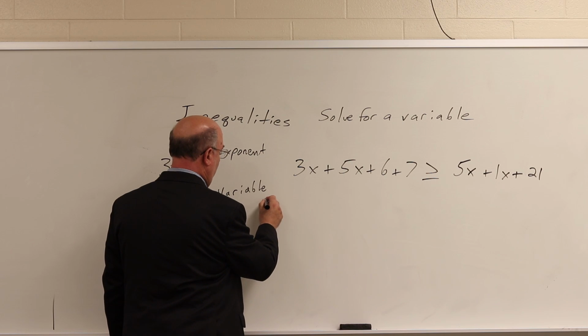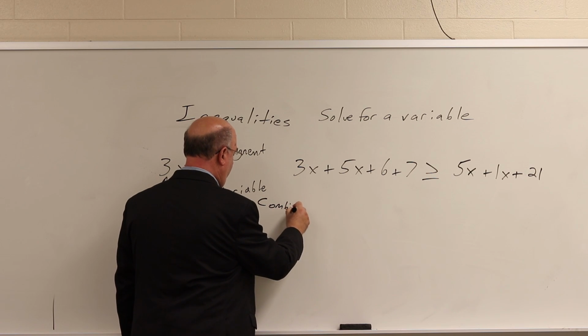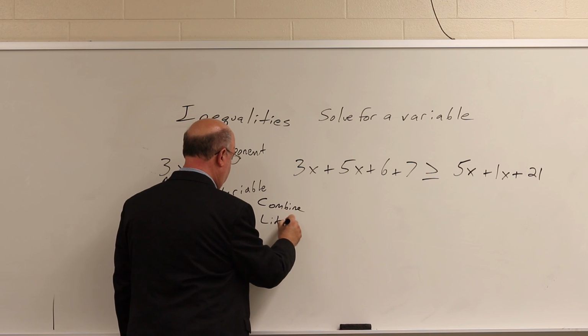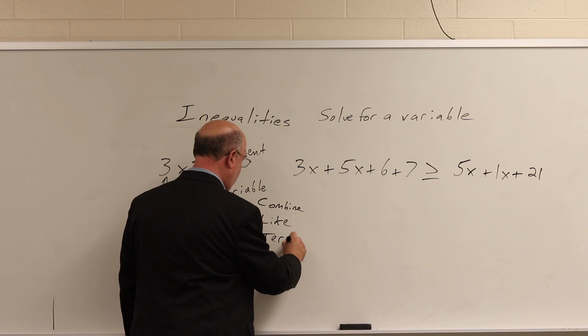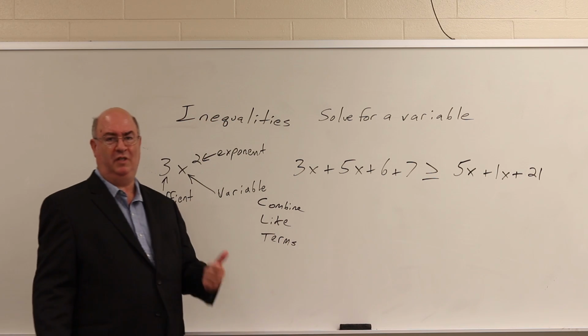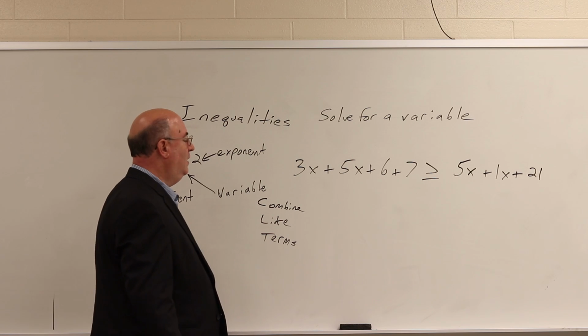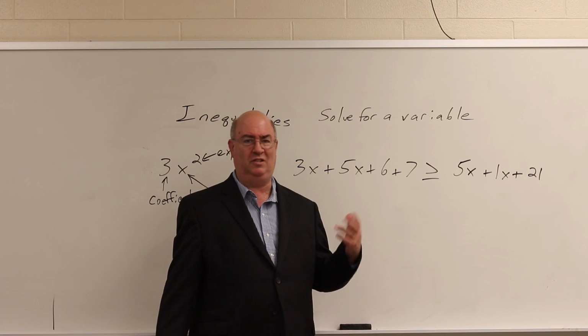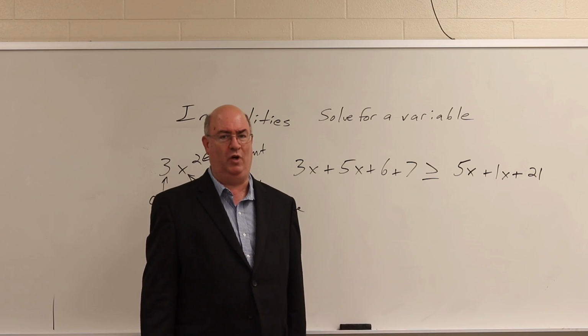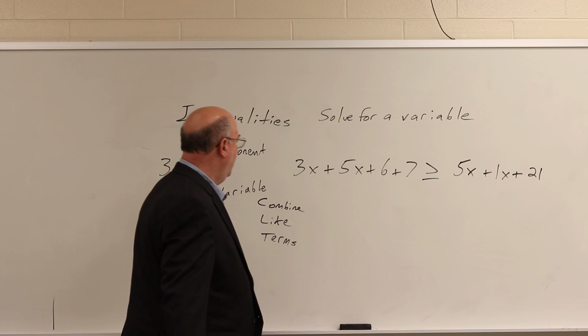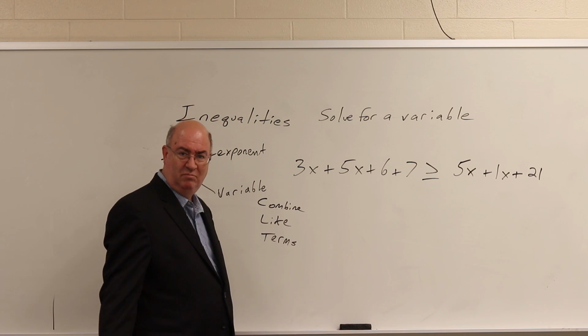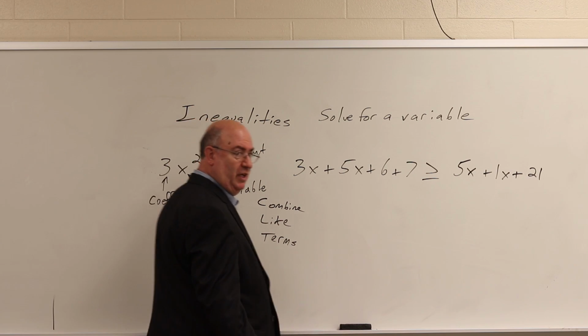Okay, all right, so what do we do? We combine like terms. Like terms have the same variable, and the same exponent for the variable. In this case, we have x's. X's to the first power, we don't have to put the 1 in there. 3x and 5x, yes, they have x to the first power, those are like terms.